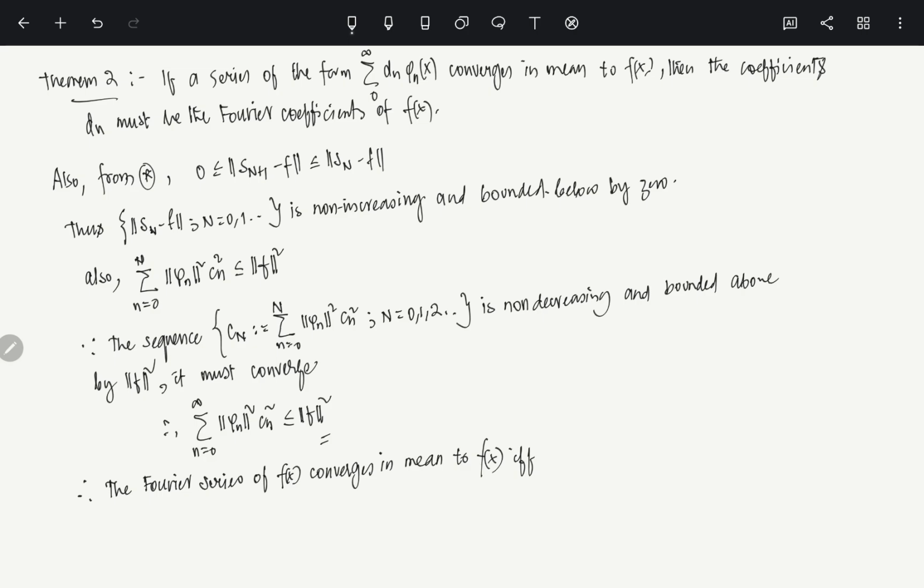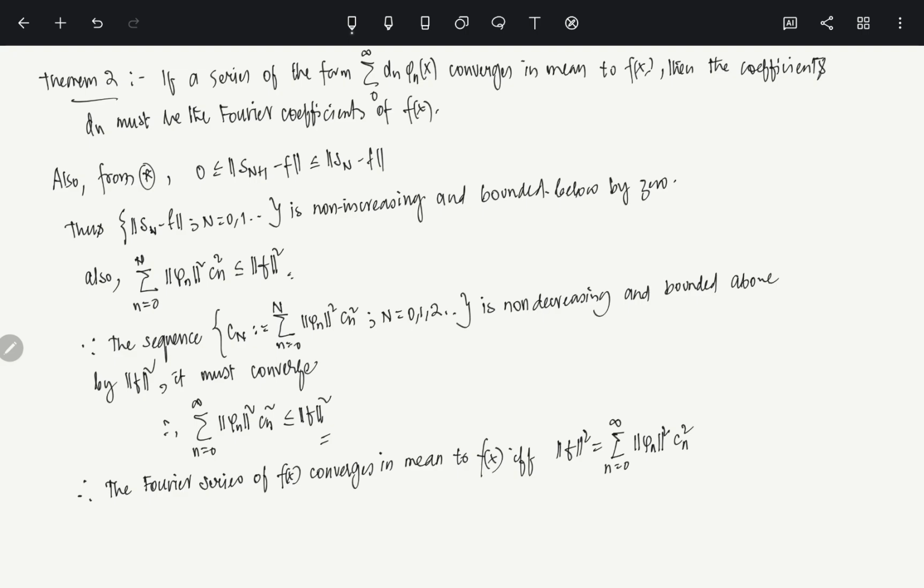That is, norm f square is equal to the summation n equals 0 to infinity of phi n square cn square. I hope this is clear. This converges if and only if norm f square is equal to this.